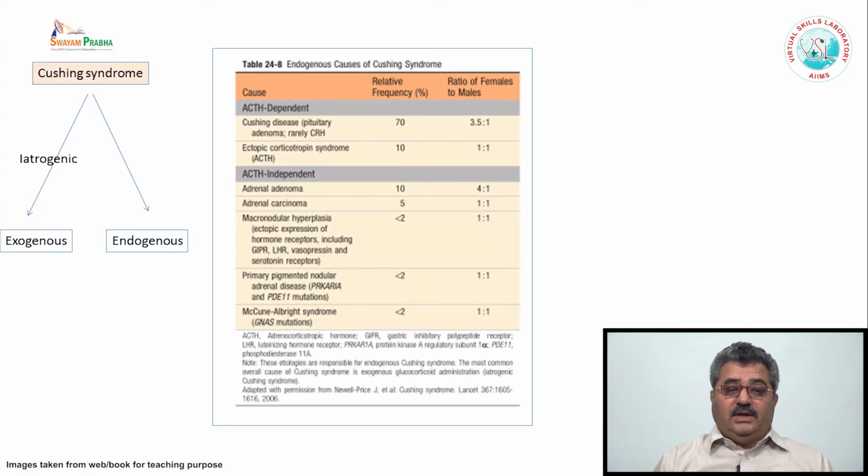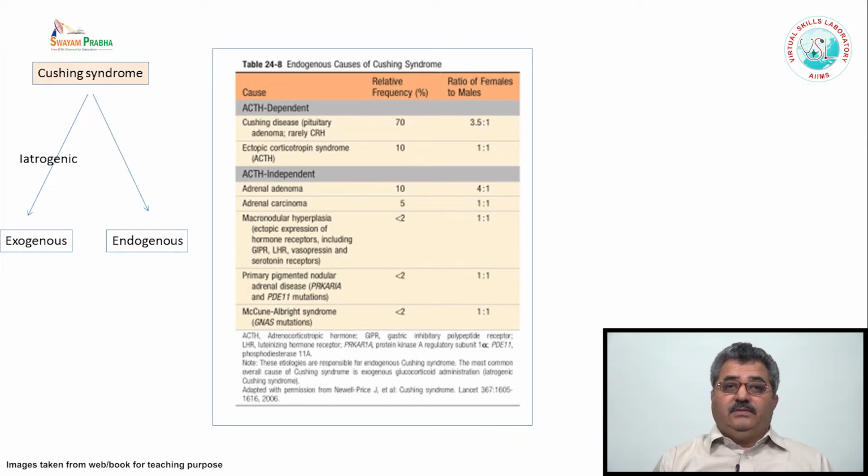The other causes are the endogenous causes, and of the endogenous causes, something may be wrong in the pituitary gland, which is classically known as Cushing disease, whereas hyperfunctioning of the adrenal cortex is known as Cushing syndrome. The most common cause of Cushing disease is the pituitary adenoma. The other may be, very rarely, hyperplasia or pituitary carcinoma.